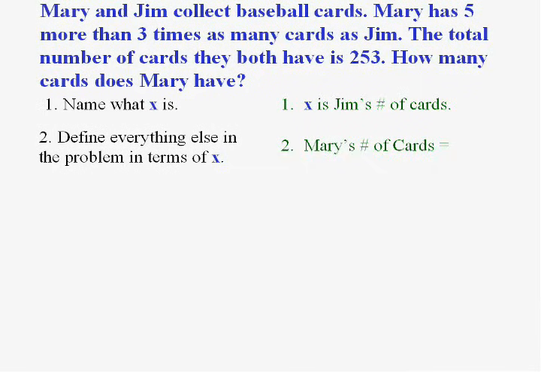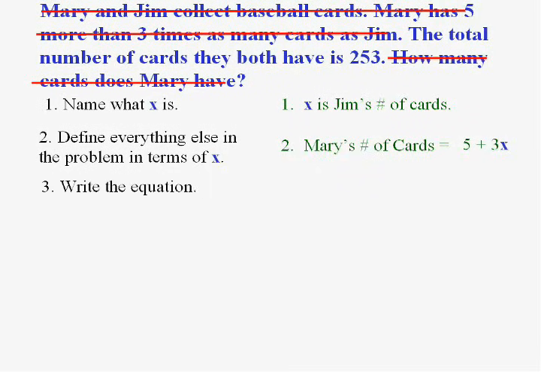Now, Mary's number of cards is 5 more than 3 times Jim's number. So I could let Mary's cards be 5 more than 3 times Jim's. Now, I've got both defined. I should cross out and move on to step 3. Let's write the equation.